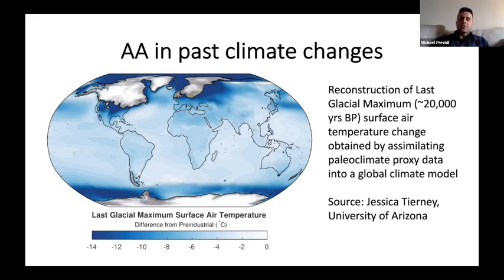The way these are measured is, there are sediment cores on the ocean bottom, and these sediments trap the remains of calcifying marine organisms. The magnesium-calcium ratios and oxygen isotope ratios are recorded in the shells of these calcifying organisms. And by measuring those, the ratios are related to the sea surface temperature where the organisms live. So that's how we can estimate past temperature changes.